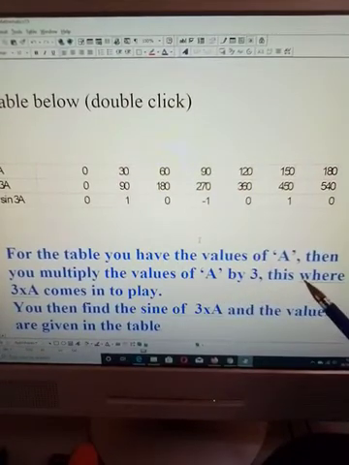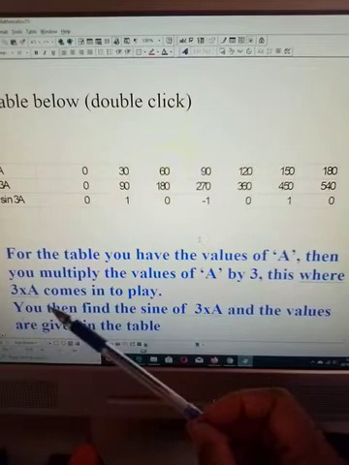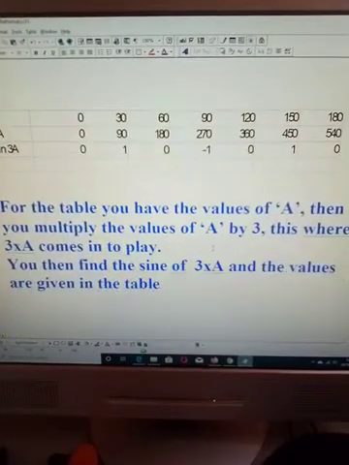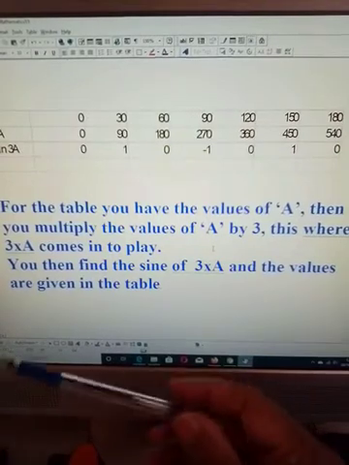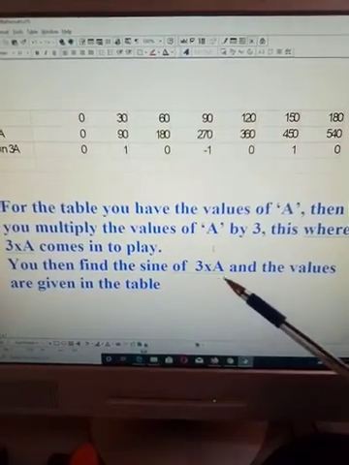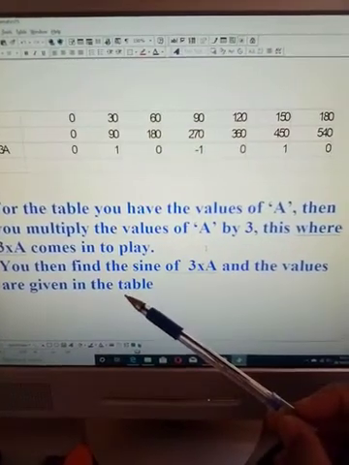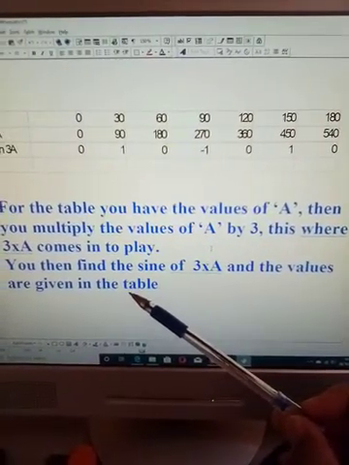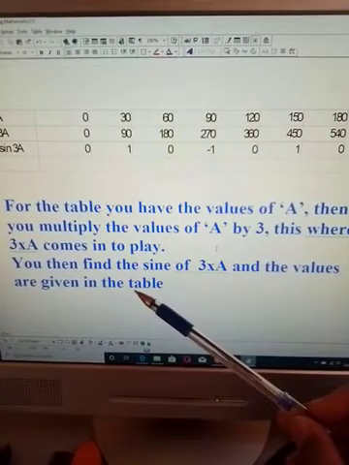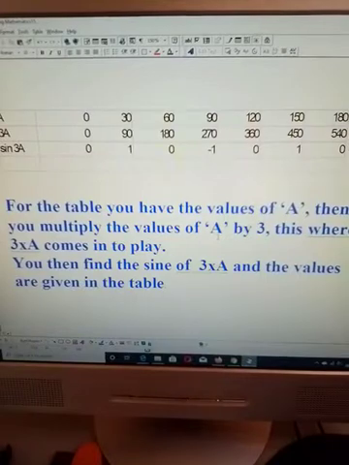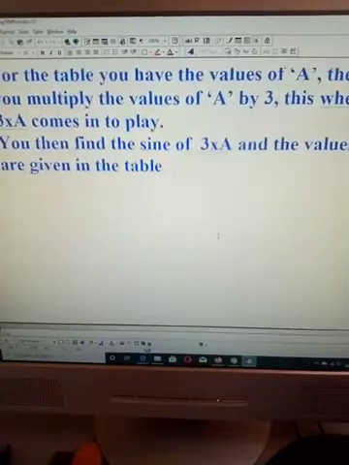This is where 3 times A comes into play. You then find the sine of 3 times A, and the values are given in the table. I produce the tables in Microsoft Excel, by the way.